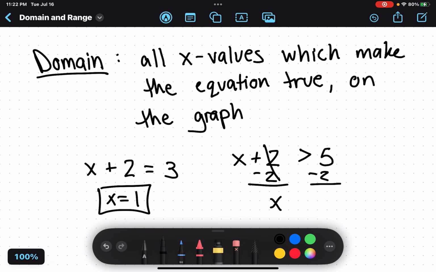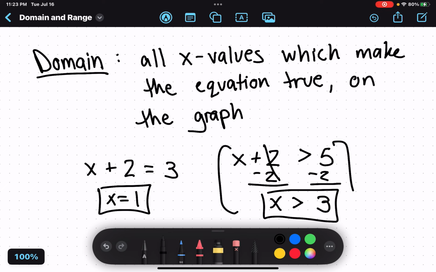So x has to be greater than 3. So our domain would be all the values greater than 3. And that covers all the x values which make the equation true, meaning it has to make it true and it has to stay within a certain interval.